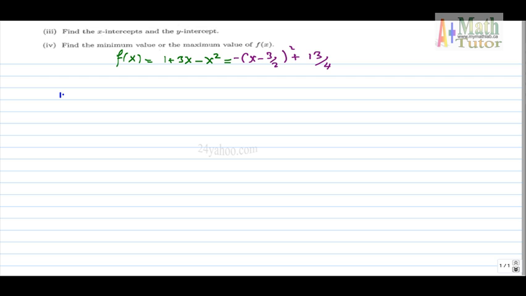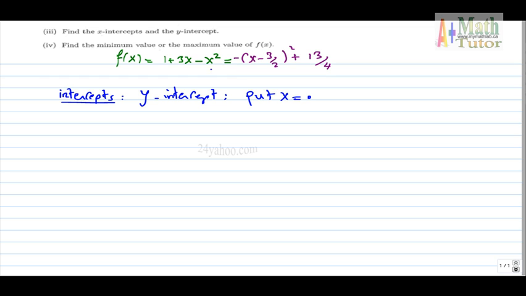For intercepts, we have the x-intercept and the y-intercept. So let me start first with the y-intercept, which is determined by putting x equals 0. Here you are free to choose which form you want to replace the x equals 0 in.